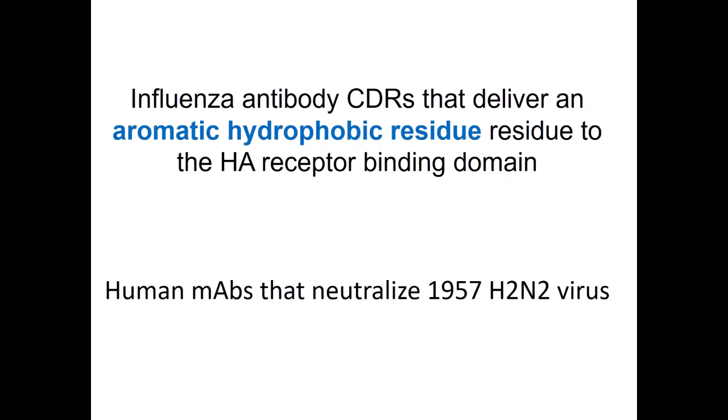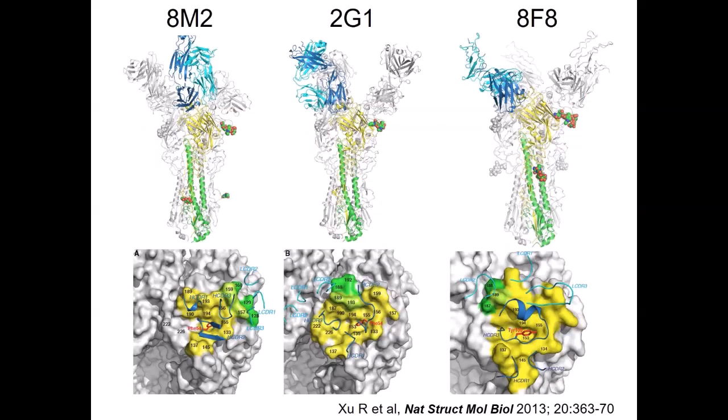So we looked at middle-aged individuals who had lived between 57 and 68 when the H2N2 virus circulated in human populations. And we obtained a large panel, but these three monoclonal antibodies, Ian Wilson's group at Scripps obtained co-crystal structures shown here for antibody 8M2, 2G1, and 8F8.